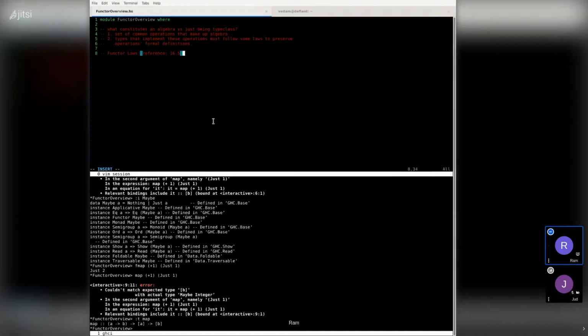Okay. So what are these laws that we are talking about? Well, the first thing is that it needs to have some sort of identity. What is that identity?